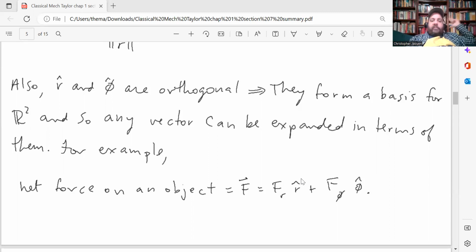So the net force on an object F is given by F_r r hat plus F_phi phi hat. Here F_r is the radial component of the force, and F_phi is the tangential component of the net force.